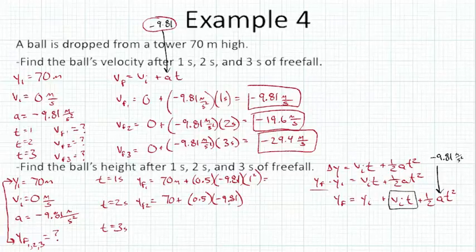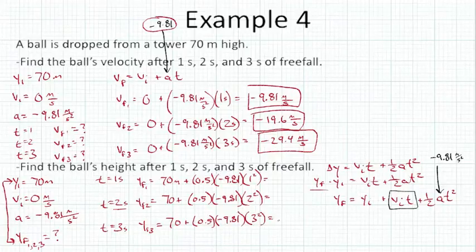So that's 1/2 times our acceleration times our time, which now is 2 seconds, so that's times 2 squared. And our YF3 is going to be 70 plus 1/2 times our acceleration, negative 9.81 times 3 squared. That should give us our three different positions after 1 second, 2 seconds, and 3 seconds.